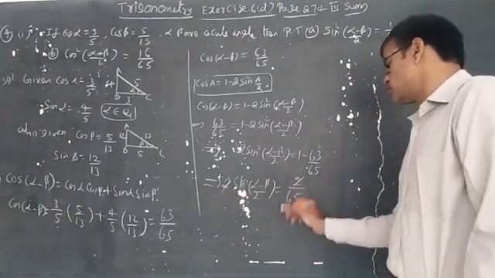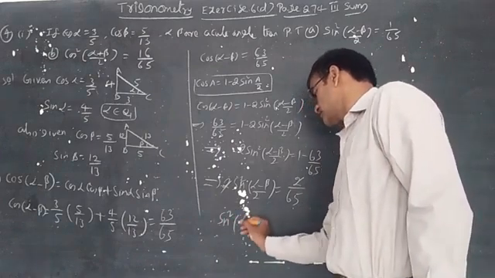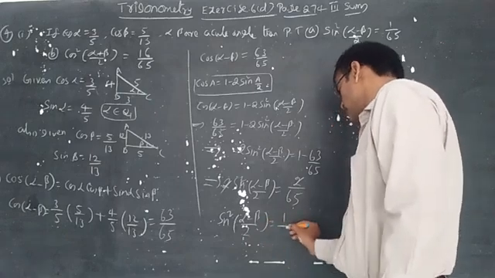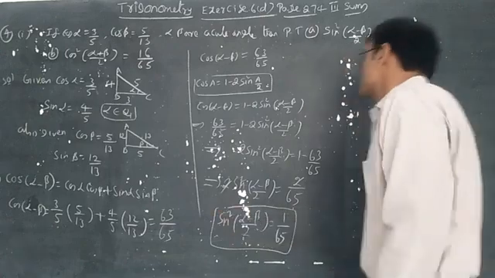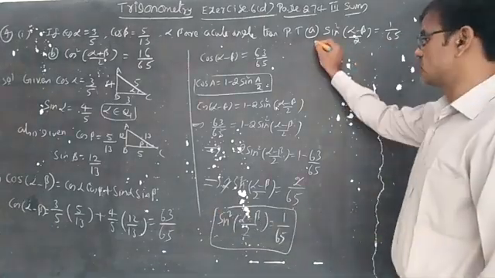This 2 and this 2 will get cancelled. Therefore, write like this: sin square of (alpha minus beta) by 2 is equal to 1 by 65. This is the first bit of the given question. We got the value sin square of (alpha minus beta) by 2 is equal to 1 by 65.